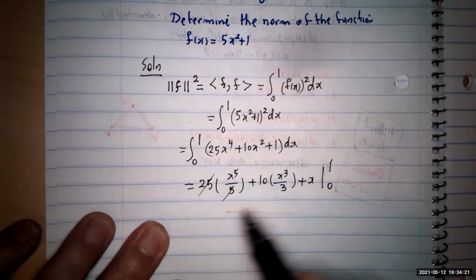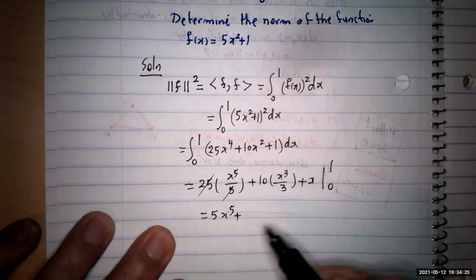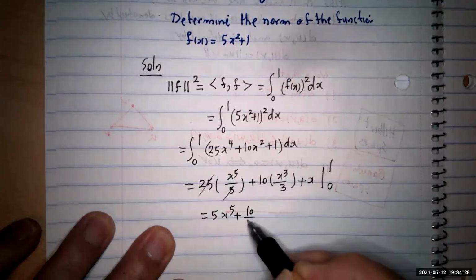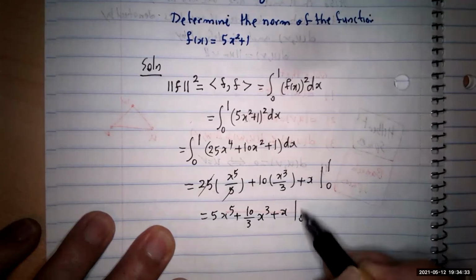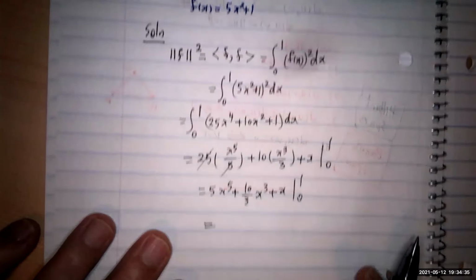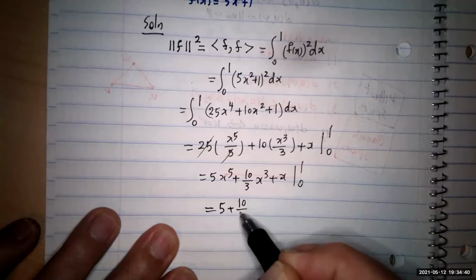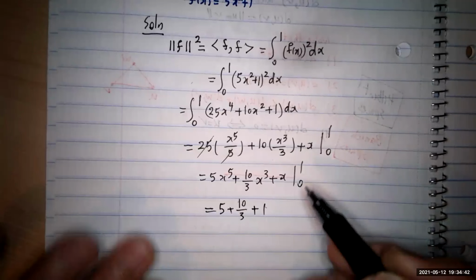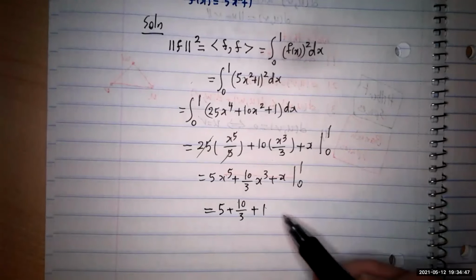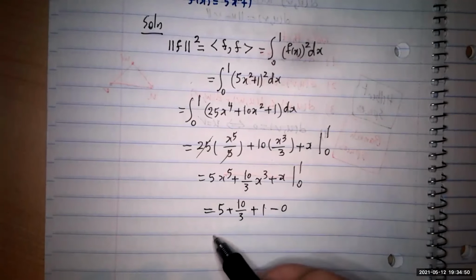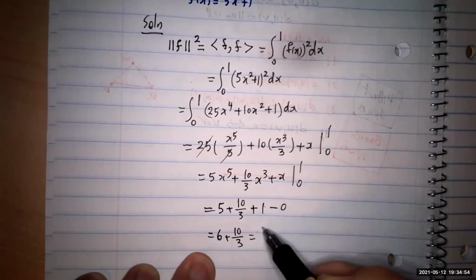You simplify these and then substitute. That gives you 5x to the fifth plus 10 thirds x cubed plus x from 0 to 1. If you substitute 1, that gives you 5 plus 10 thirds plus 1. And if you substitute 0, you are not going to get anything, it's minus 0 if you like. So it's going to be 6 plus 10 thirds, which is 28 thirds.